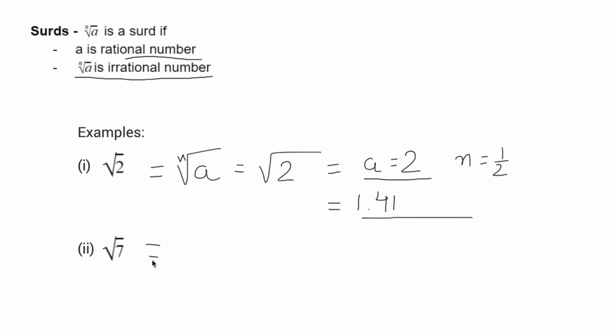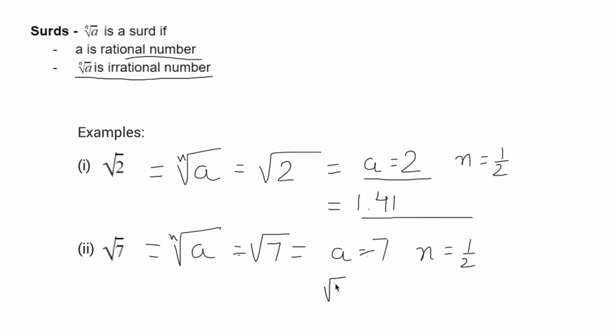Similarly, in the case of root 7, if I again write it in the form of a to the power n, it's root 7, where a is 7 and n is 1 by 2. As I explained in the previous example, the under root values of all prime numbers are irrational numbers.